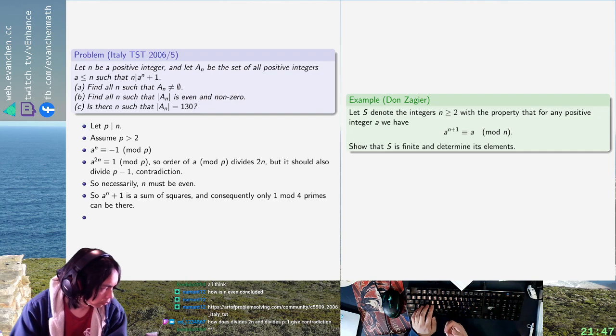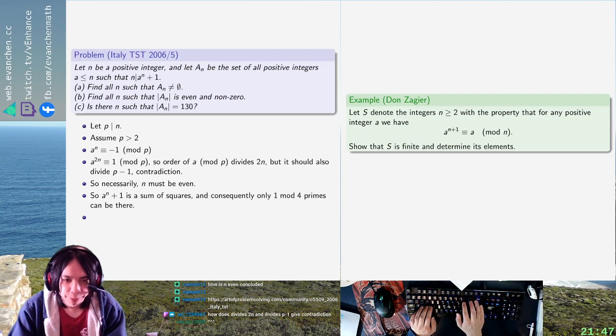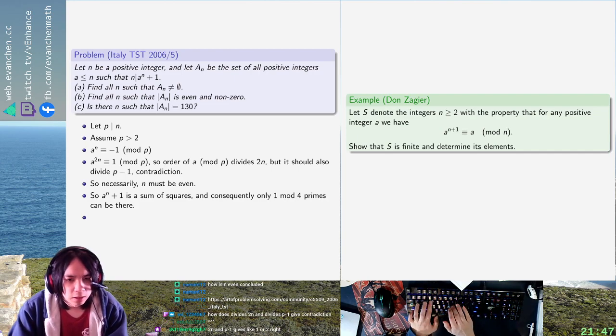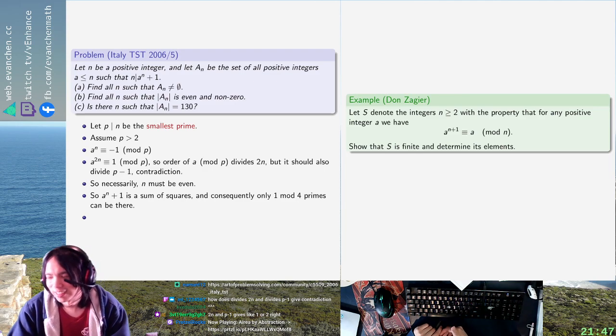How does it divide to it? Because p is the smallest. Oh, sorry, this is the smallest prime trick. So if it's the smallest prime, then it can't divide 2n or p minus 1.